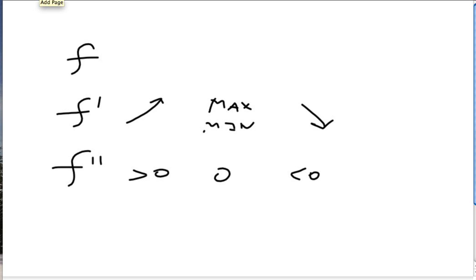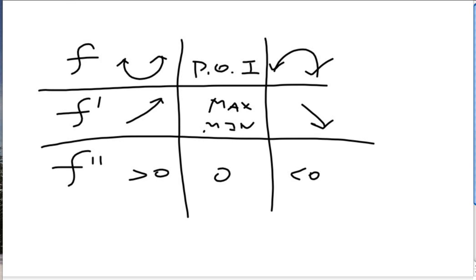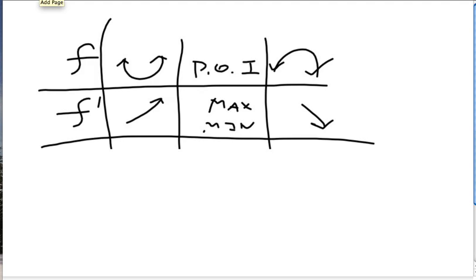When f prime is increasing, we know the original function is concave up. When f prime is decreasing, we know the original function is concave down. And when f double prime goes to 0, there is a point of inflection. This graph is very important. Very, very important. At least to me, it's very useful to memorize it.